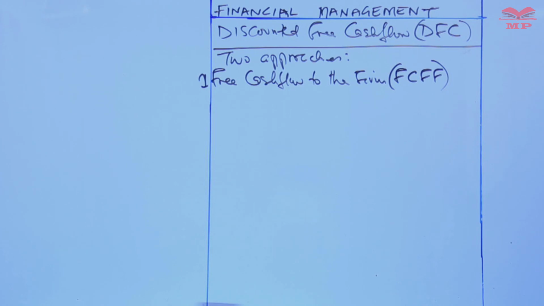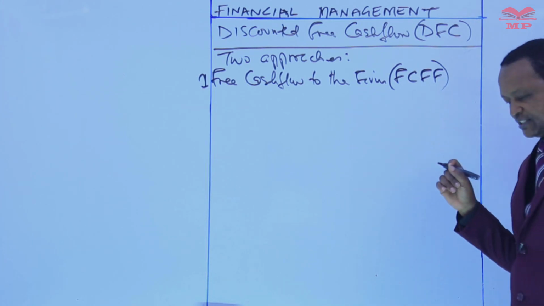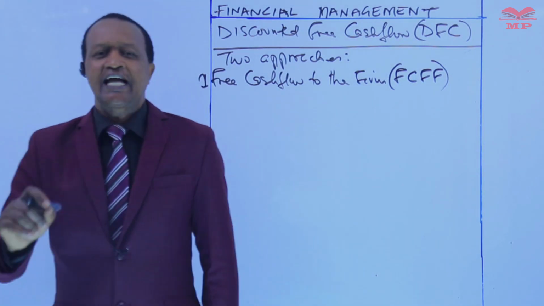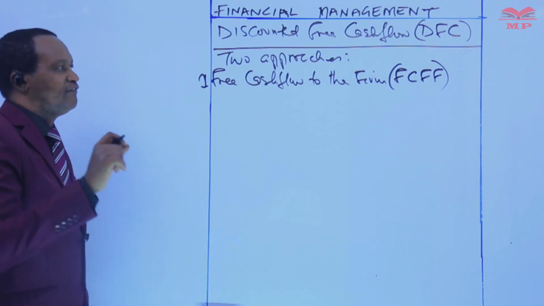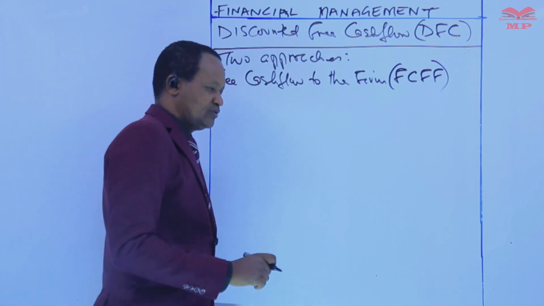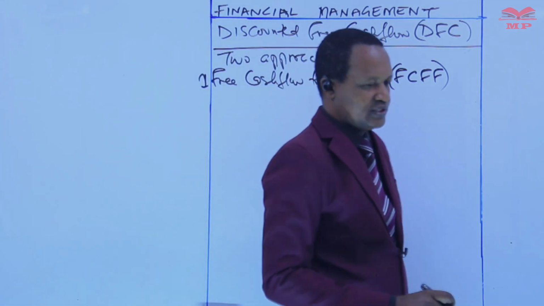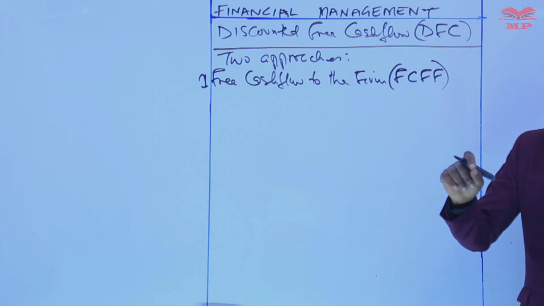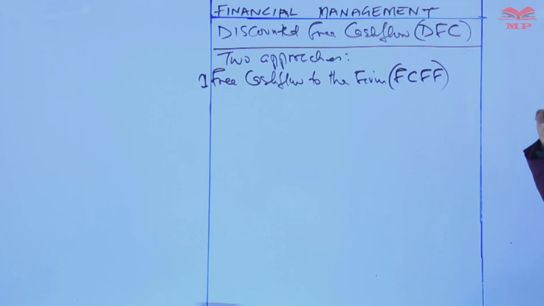So it is the cash flow from operations minus capital expenditures.